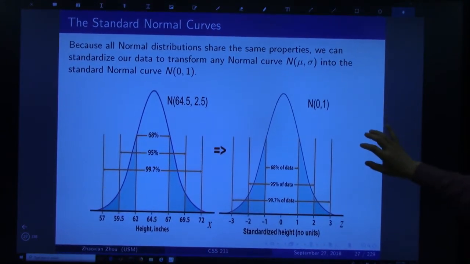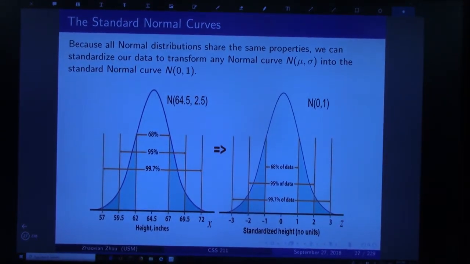We already know a normal curve must satisfy that mathematical formula, f(x) equals something. And there are several, very tall, very short, very wide, very narrow; they are different. Sometimes it's very convenient to transform all these normal distributions into one.